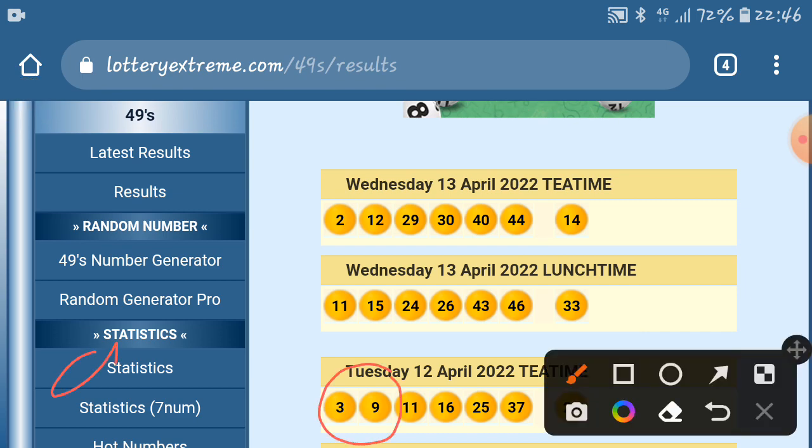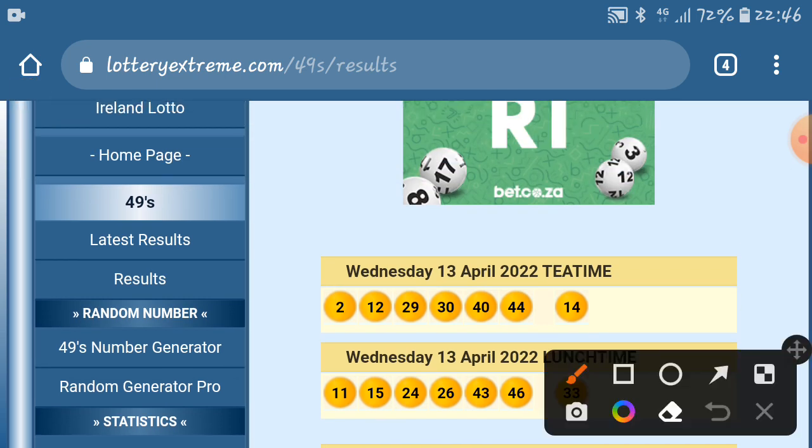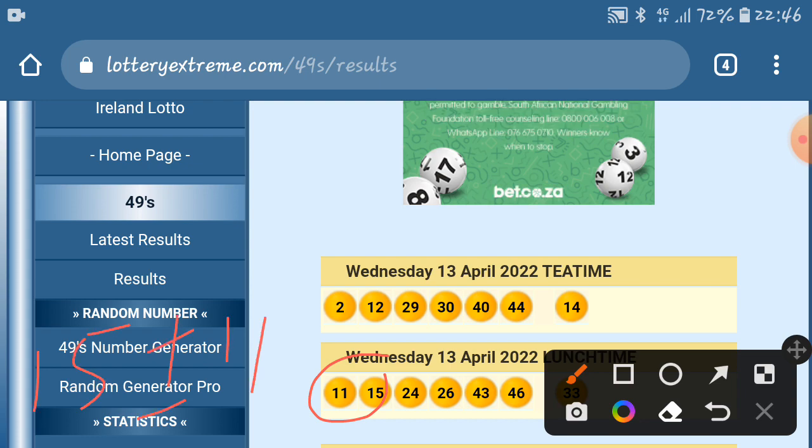First two numbers, 9 plus 3 equals 12. First two numbers, 15 plus or minus 11, 26. Say 26, right? And 27 and 25.